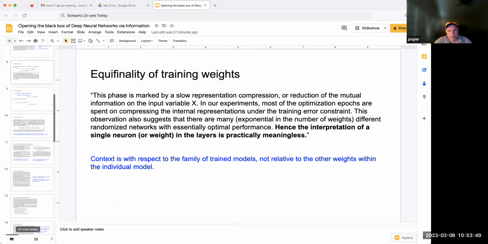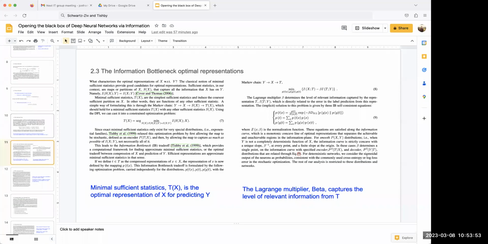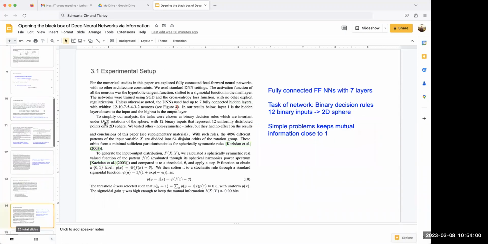Yeah, I definitely picked up on that as well when I was trying to write a summary of the experimental setup. This is their description: they have 12 binary inputs that represent 12 uniformly distributed points on a 2D sphere.